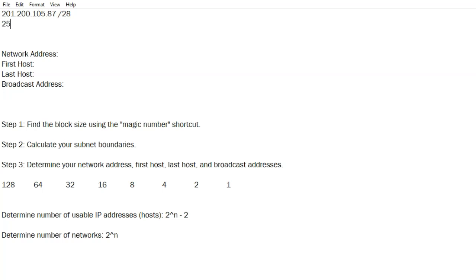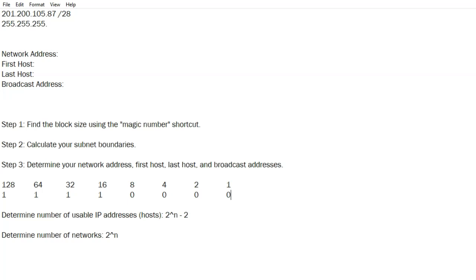So my first 3 octets, all my bits are on, and it's represented by 255 in dotted decimal notation. So I'm subnetting in the last octet. How do we find out what that value is? Well, as I said, we're borrowing 4 subnet bits in that octet.